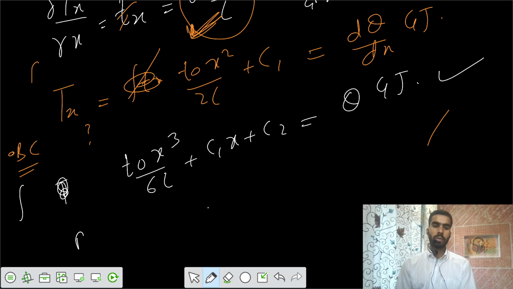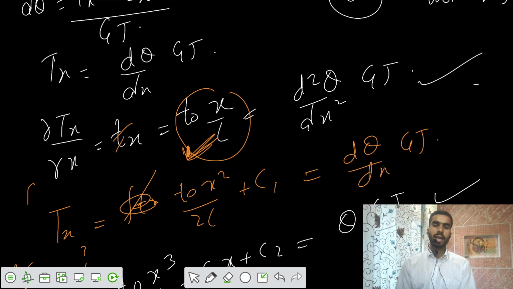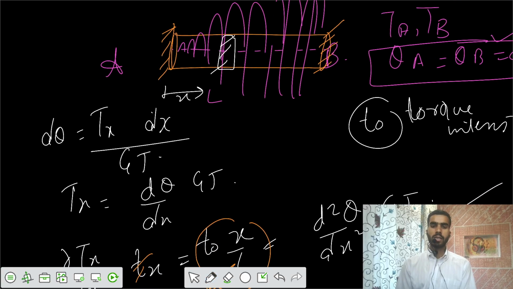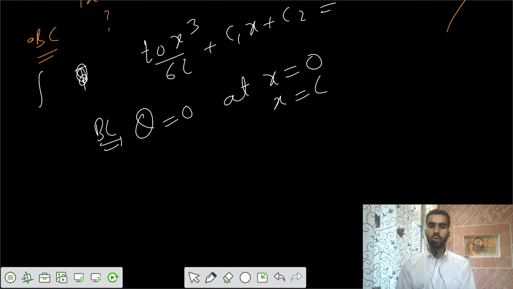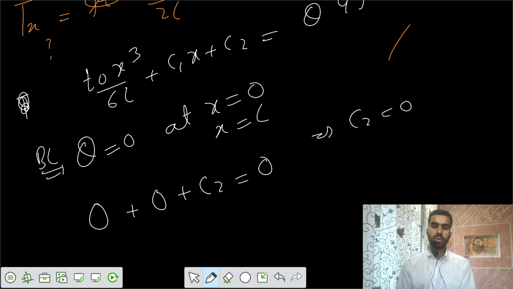If I apply boundary conditions, theta equals 0 at x equals 0 and x equals L. So at x equals 0 and x equals L, your theta is 0. Based on that, I would get 0 plus C2 equals 0, that means C2 equals 0.